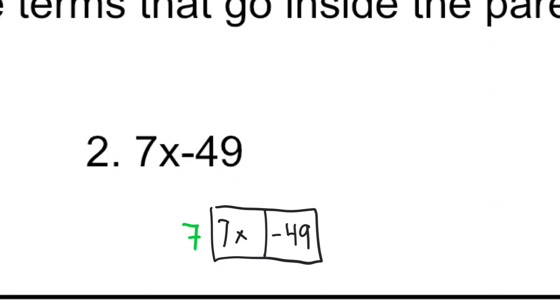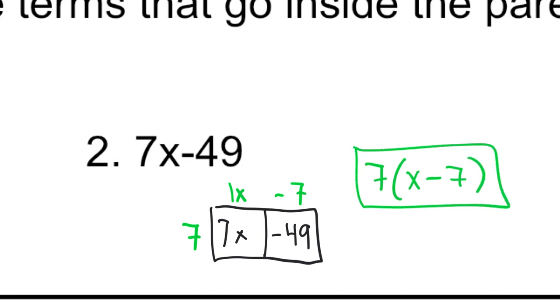And then 7x divided by 7 is 1x. And 49 divided by 7 is 7, but we're going to use the sign that is on there. So we have 7 times 1x minus 7. And there's our factoring. And that is it for Unit 6.